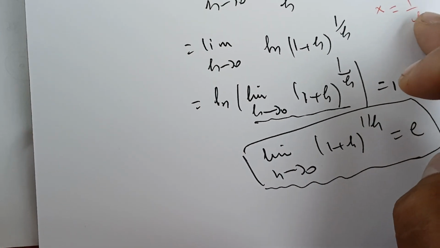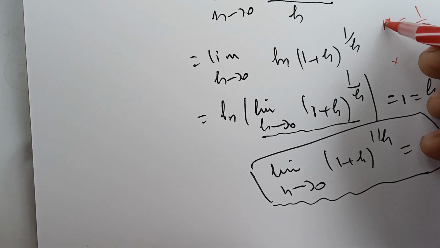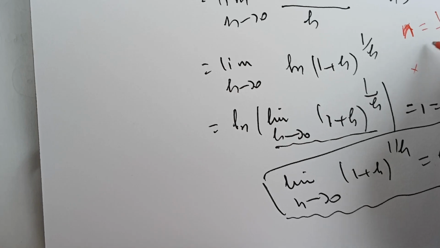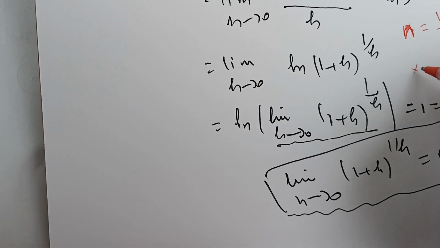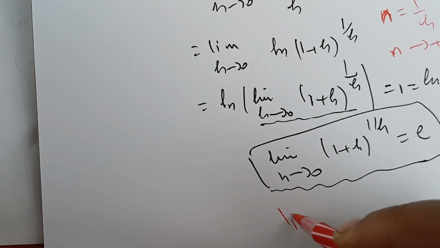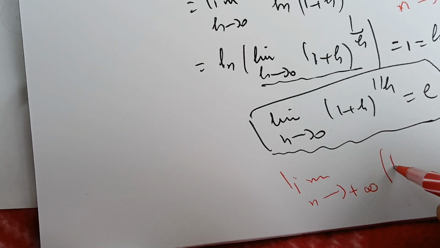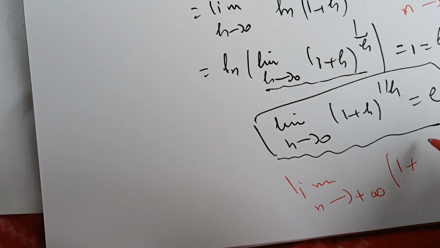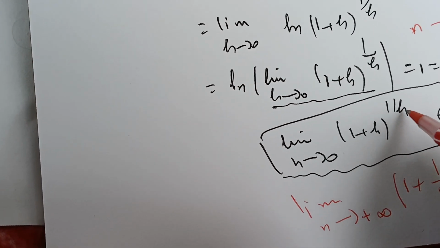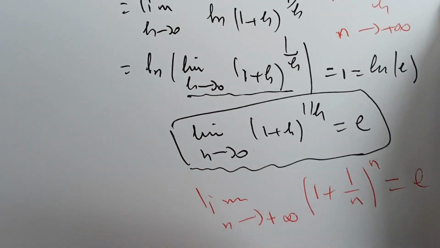So as h goes to 0 from the right, n is gonna go to plus infinity. So here we have the limit as n goes to plus infinity of 1 plus h, so h is 1 over n, 1 plus 1 over n to the power n, equals e, because e is constant.